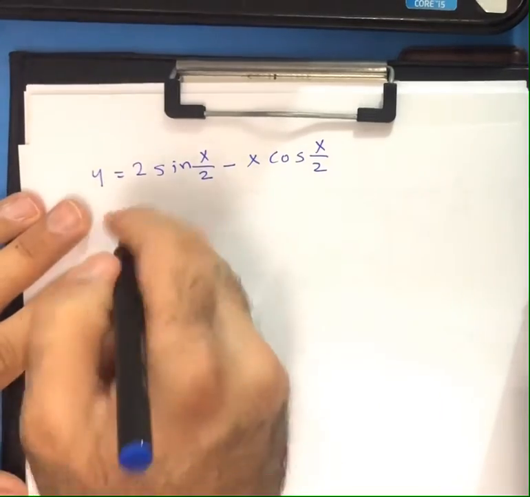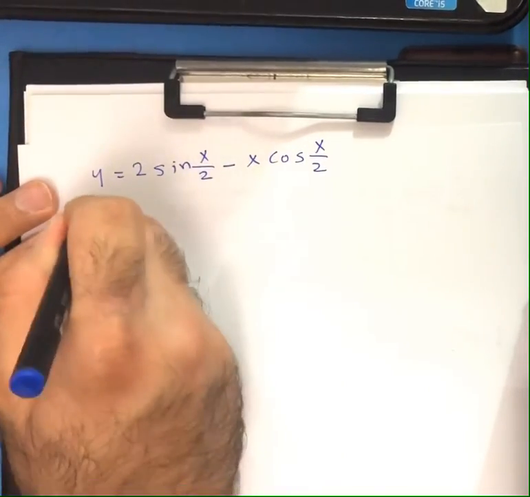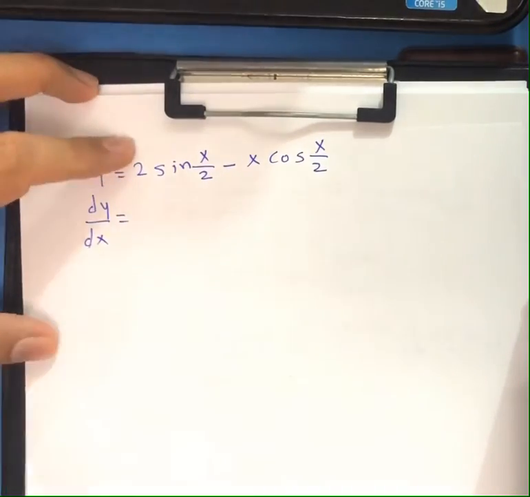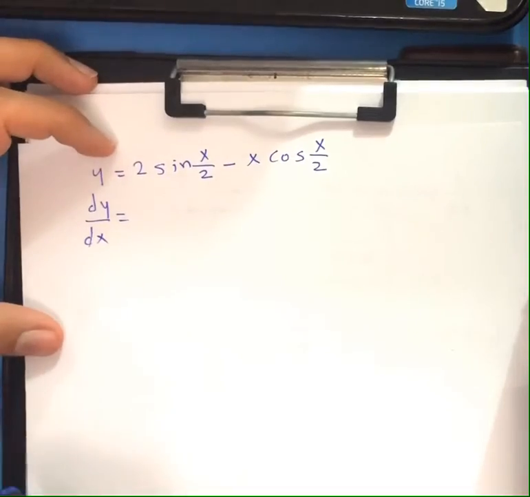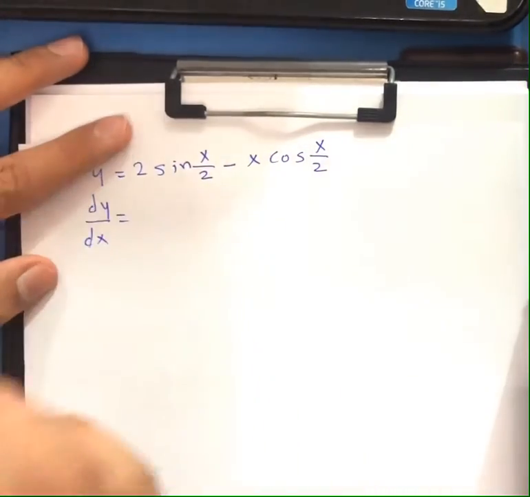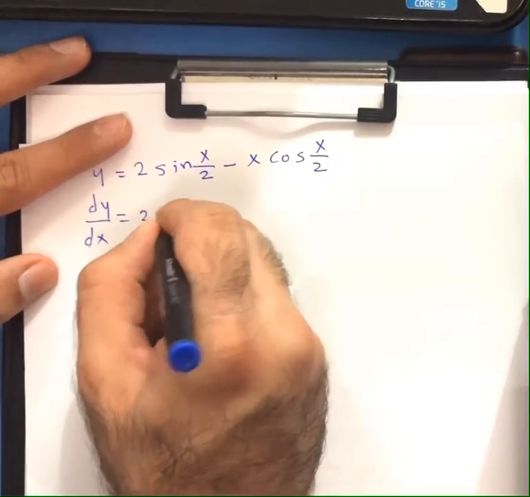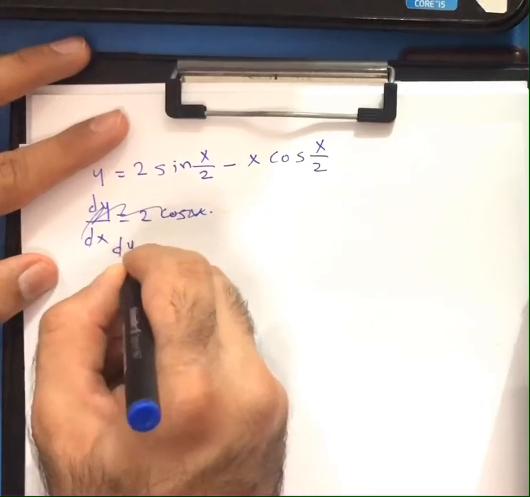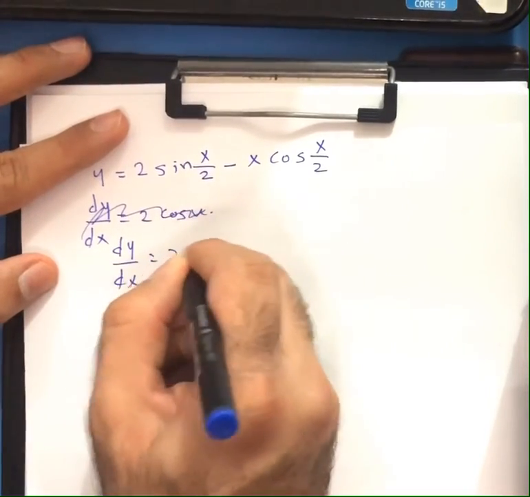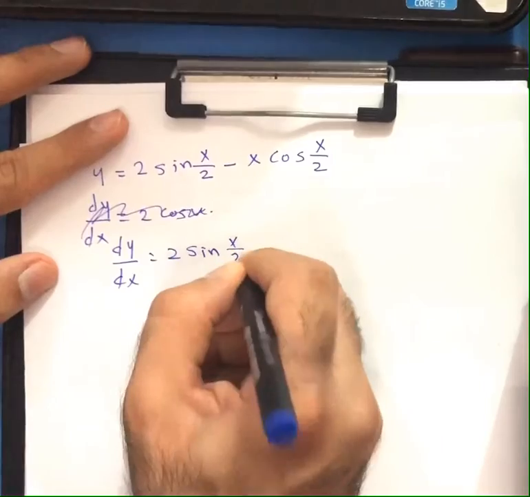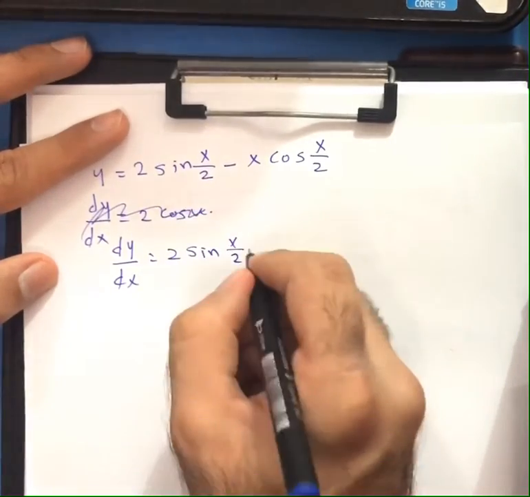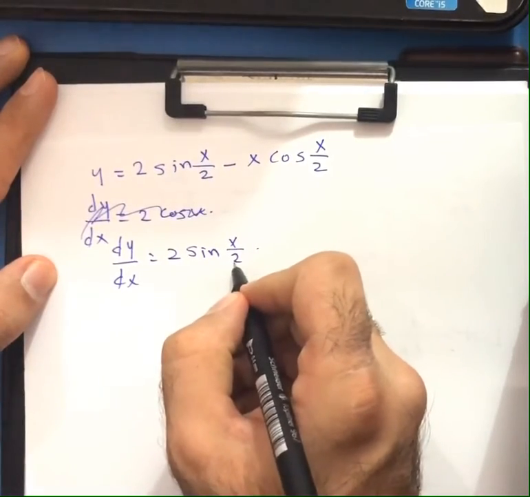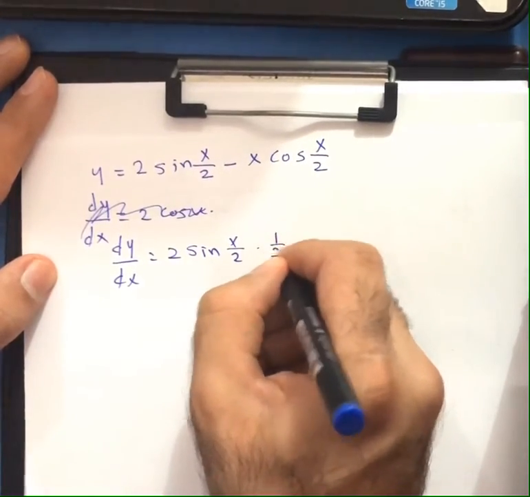Since this is a product, dy by dx will be the derivative of the first function. The derivative of sine is cosine, so for 2 sine x over 2, where u is x over 2, multiplied by the derivative of the angle. The derivative of x divided by 2 is nothing but 1 over 2.